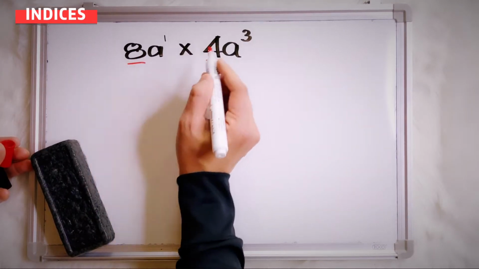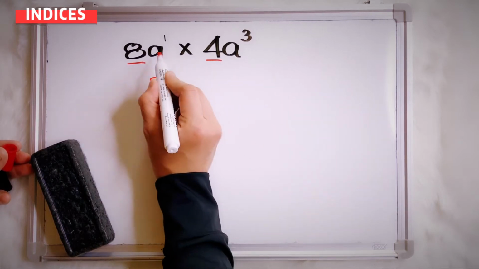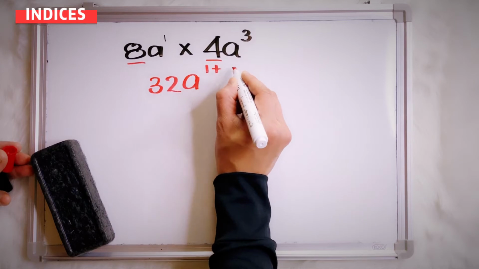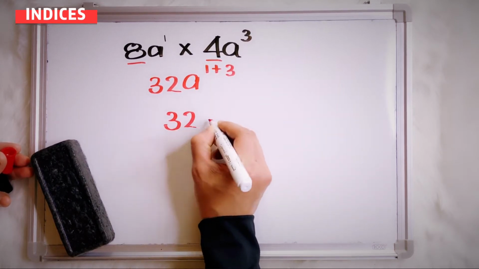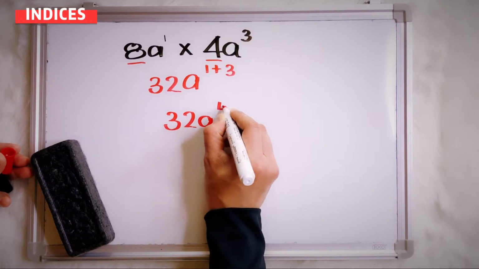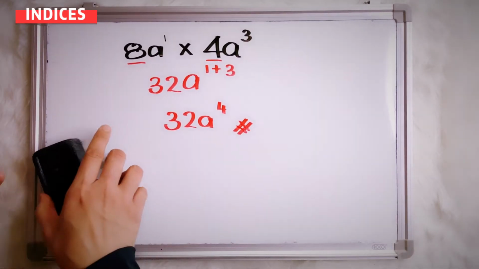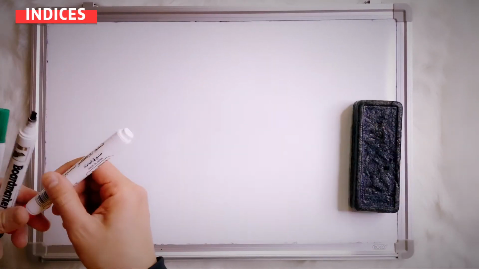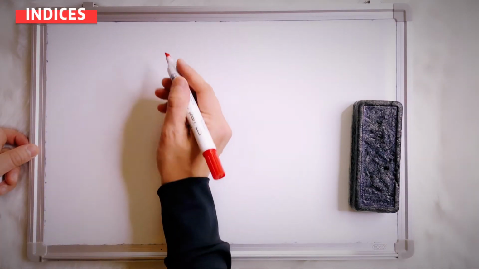So 8 times 4, 32. So now a power of 1 plus 3. So that means the answer is 32a power of 4. Right, next. I will show you many examples here, at least you understand how to solve your problems.